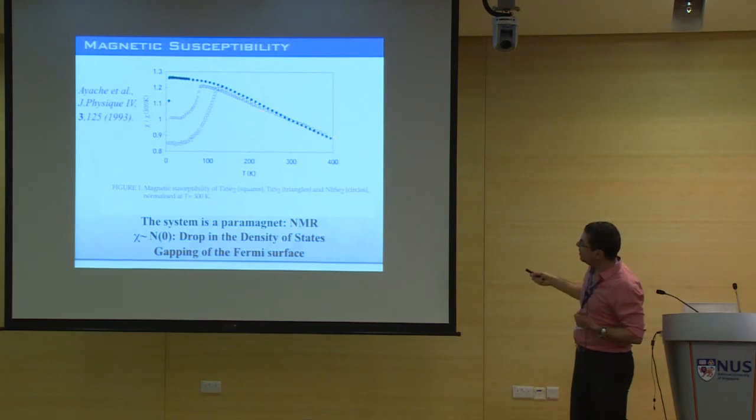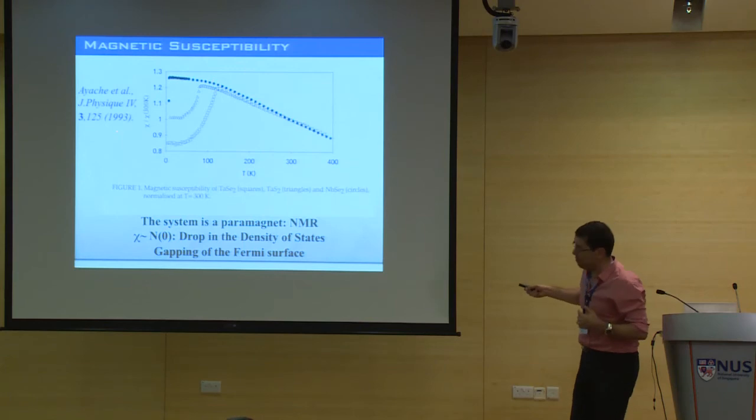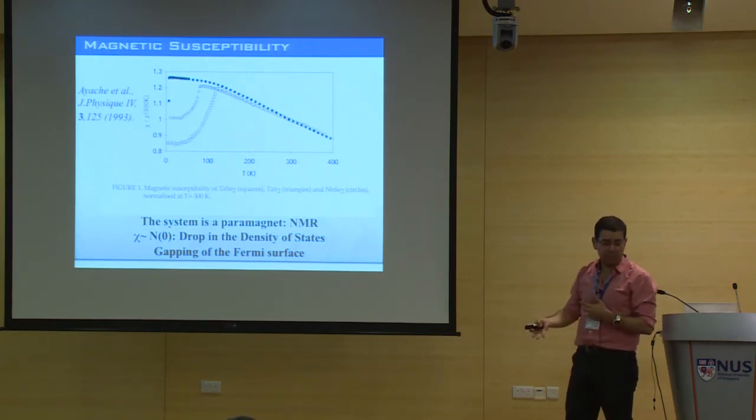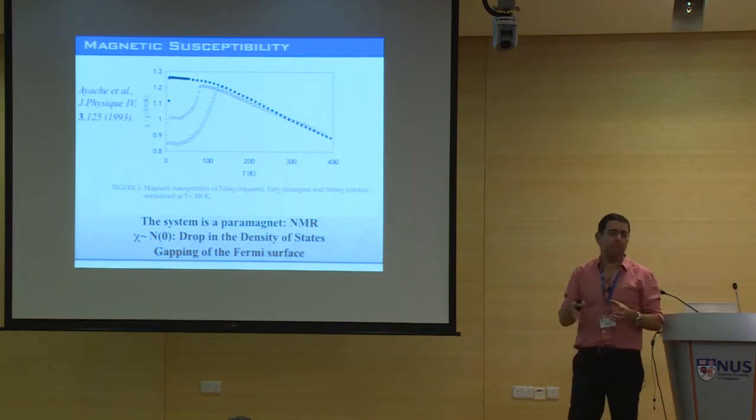And what you see in the susceptibility is that, in the metallic phase, in the undistorted phase, it looks like a metal, really. So the susceptibility goes up, but then at the charge density wave phase, it drops. And different materials have different drops in susceptibility. Because these are metals, it's very easy to interpret this.